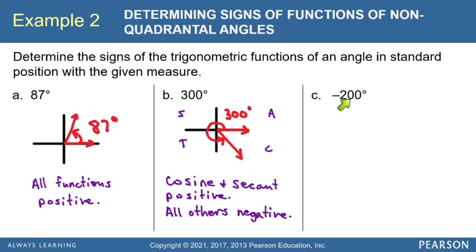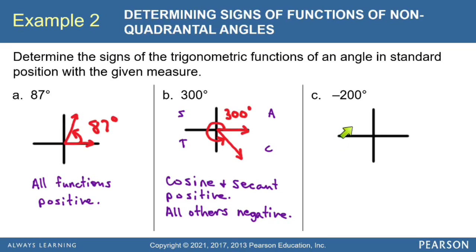And on part C, we have negative 200 degrees. Now, remember, for negative angles, we have to rotate clockwise. So we'll go this direction. So if I go clockwise 200 degrees, I'm going to go past the negative y-axis and a little bit past the negative x-axis, because if I just went from the positive x-axis to the negative x-axis, that would be negative 180.